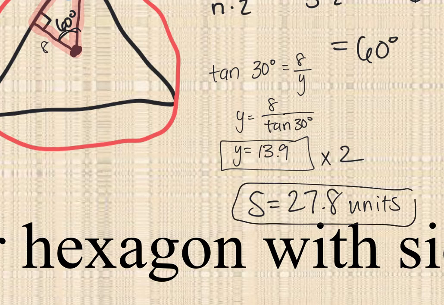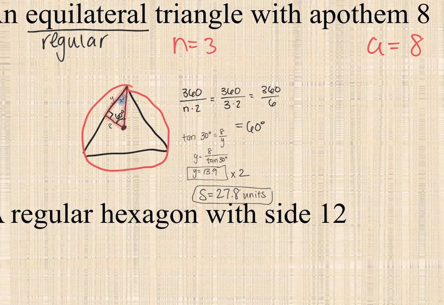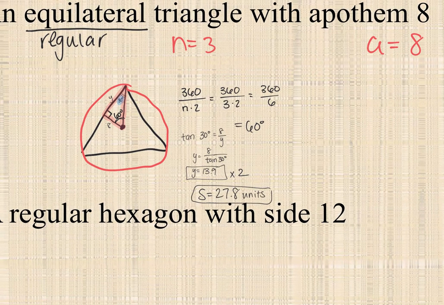Once we find the side, we have enough information to solve this. We have n, we have a, and we have s. The perimeter is going to be n times s, which will be 3 times 27.8, which is 83.4 units.